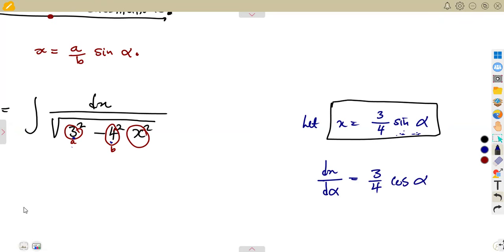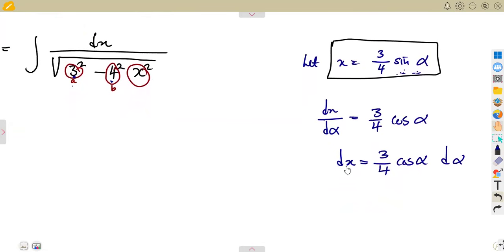Then multiplying with the d alpha, that's going to be 3 over 4 cos alpha d alpha. This is what is representing dx. That's our dx, so it can be substituted now.